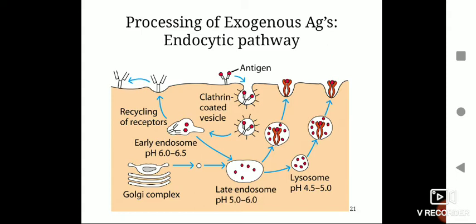We have seen how the B cell receptors on the B cells cross-link with the antigen, and they are internalized in small vesicles called endosomes, where the antigen is processed and broken into smaller peptides, and they bind with the MHC class 2 molecule, which will come out and be expressed on the surface, and the BCR will be recycled to express on the surface as fresh BCRs. So this is the endocytic pathway.